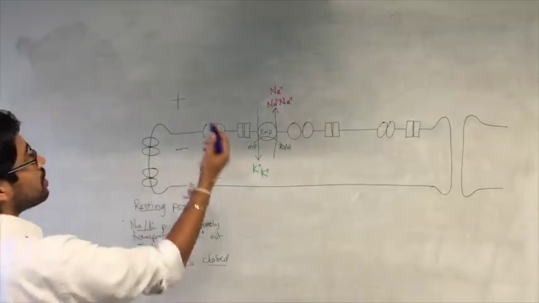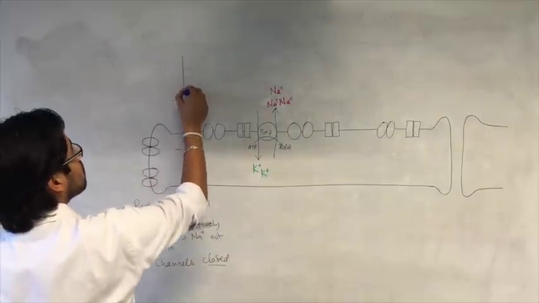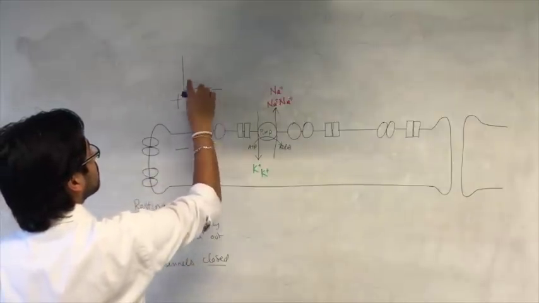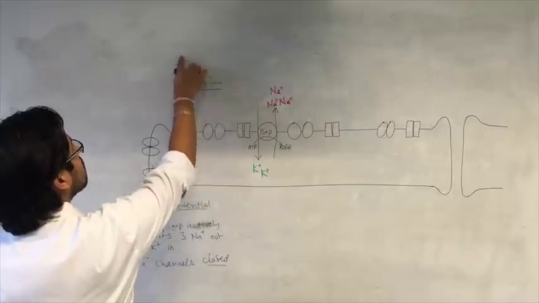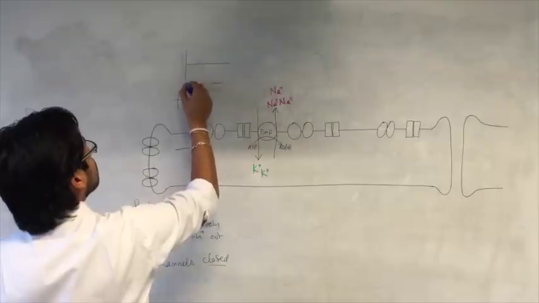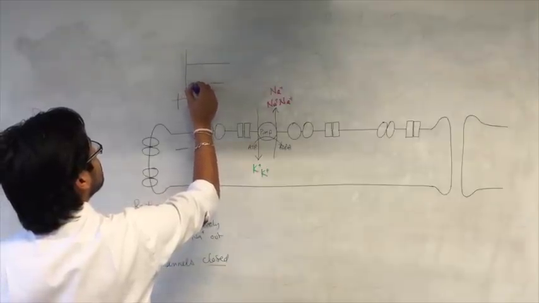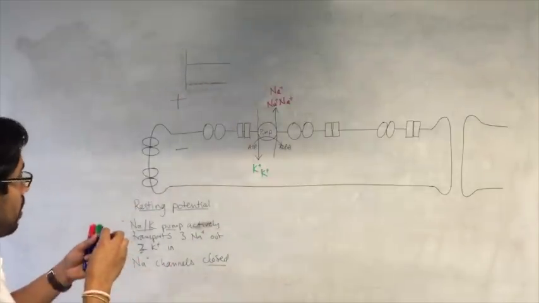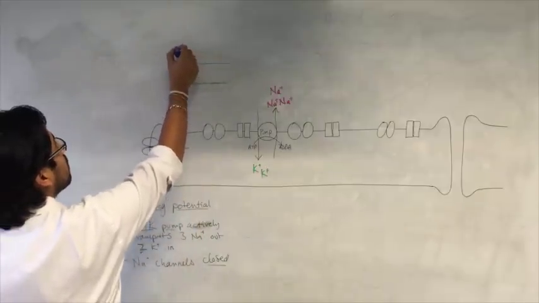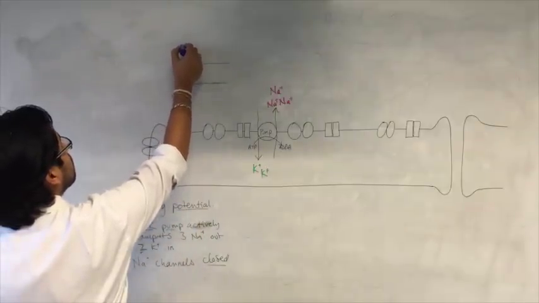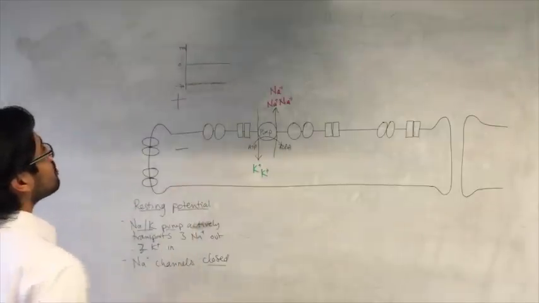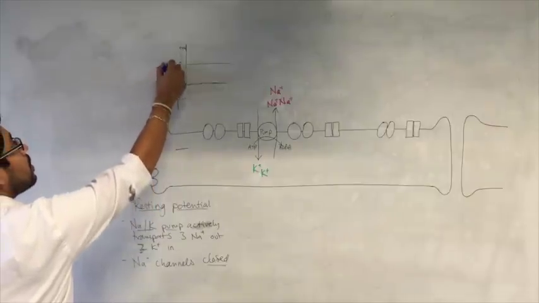So maybe we could follow the graph. Let's say the resting potential should be about there, so we are there at the moment. That's 0, that's 40 there, and it's not to scale, minus 70 there, millivolts.